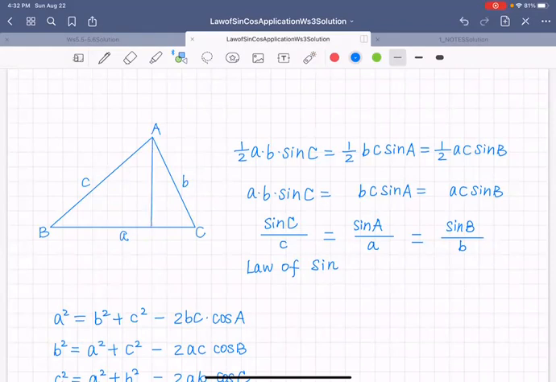If we draw the altitude here, and we call this H, H will be what? Let me ask a student. Aiden.